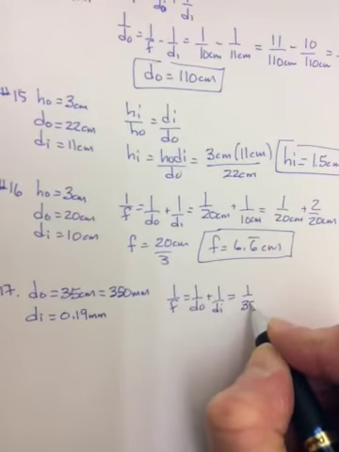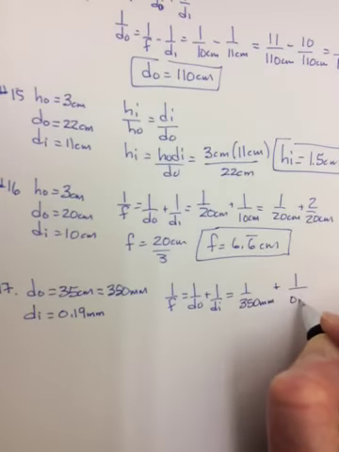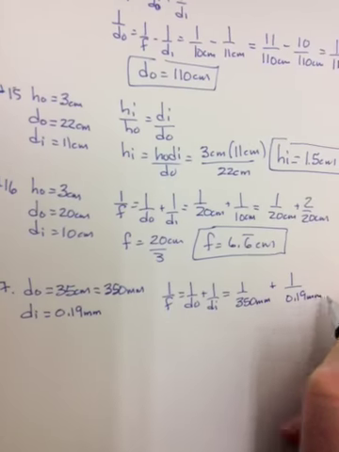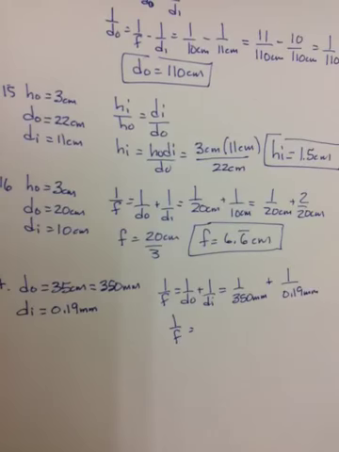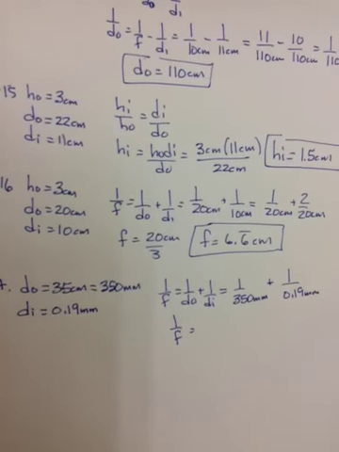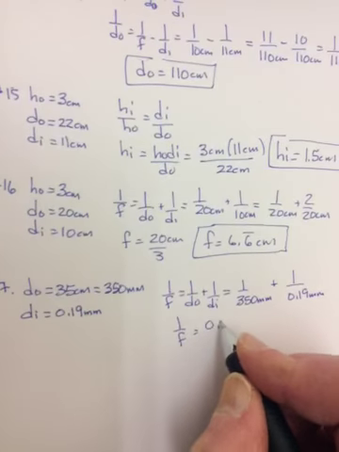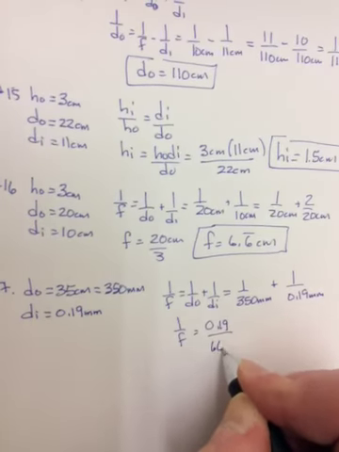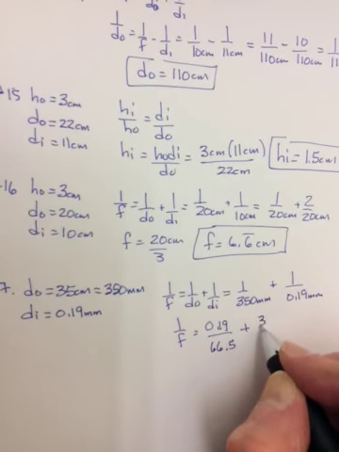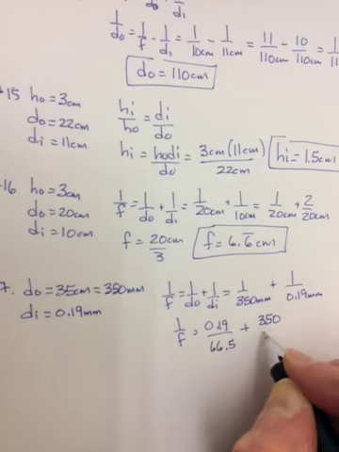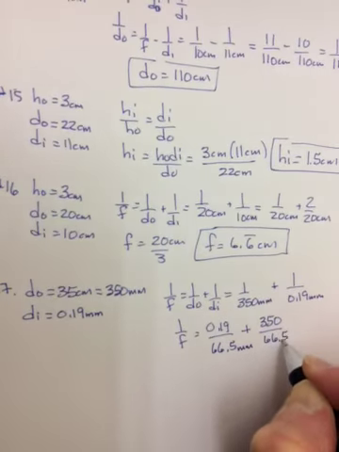So 1 over 350 millimeters plus 1 over 0.19 millimeters. Common denominator, I would multiply them together, just because 350 times 0.19 is 66.5. So 0.19 over 66.5 plus 350 millimeters over 66.5.